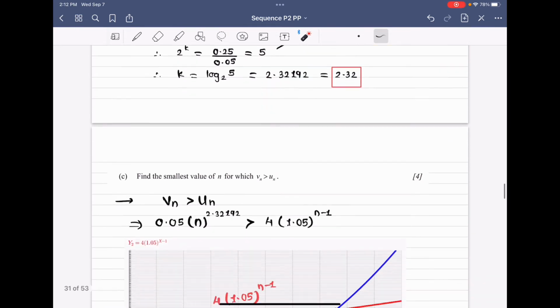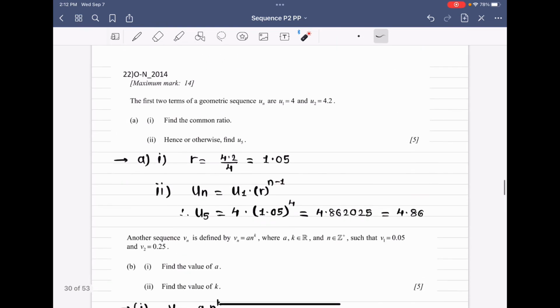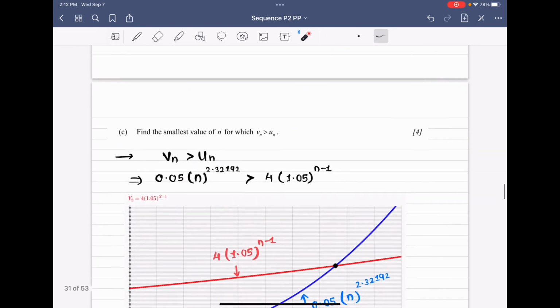So my Vn formula is 0.05 times n raised to 2.32192, which is greater than Un. Un, we know the formula u1 times r raised to n minus 1. U1 is 4, r is 1.05, so 4 times 1.05 raised to n minus 1.